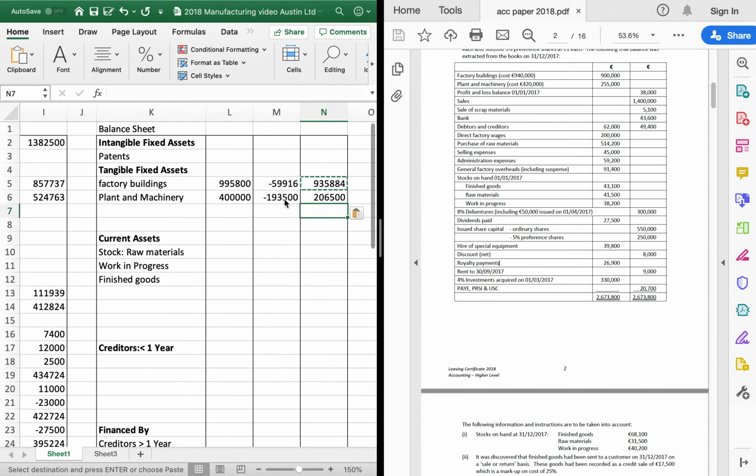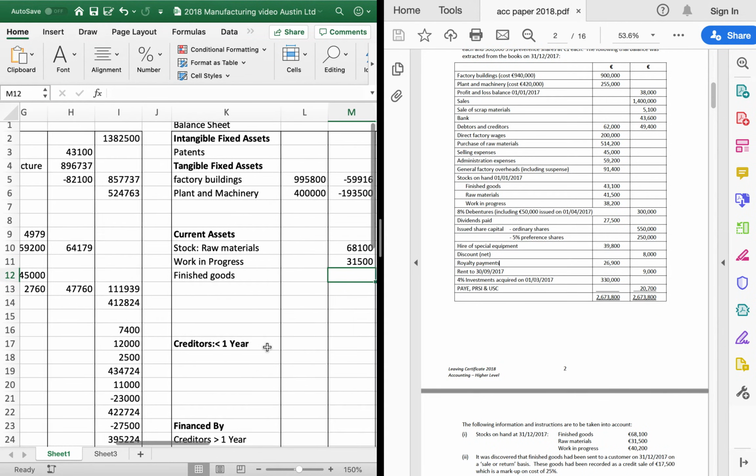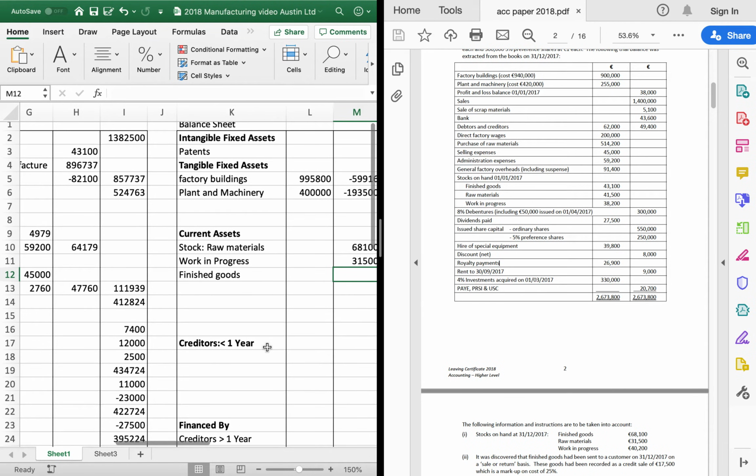Which gives you 206,500. So we'll add those two together. Now I'm just assuming there's no other fixed assets. So our current assets are three stocks at the bottom. So raw materials 68.1, work in progress 31.5, and then our finished goods is 82.1.